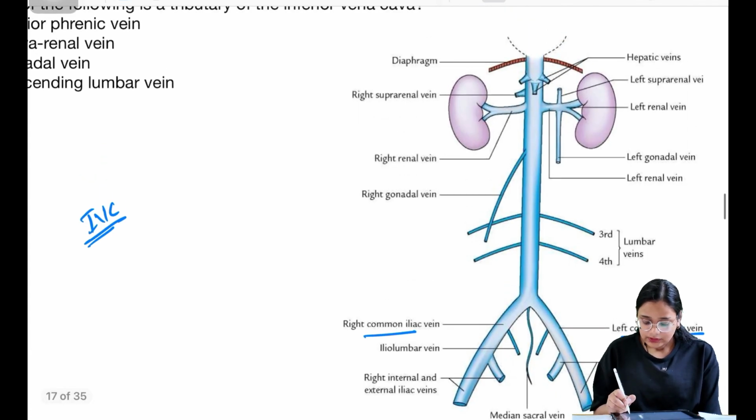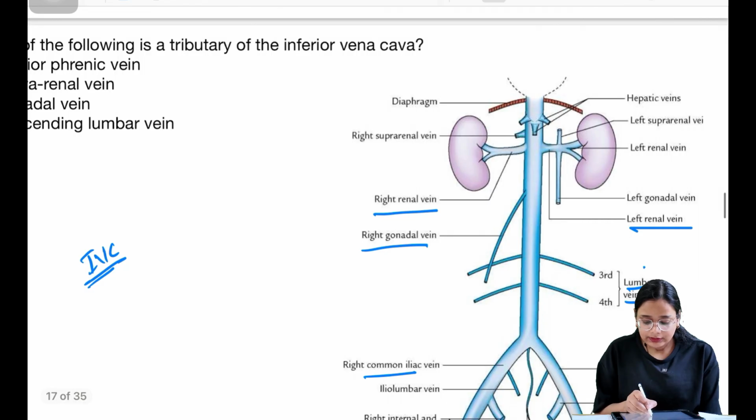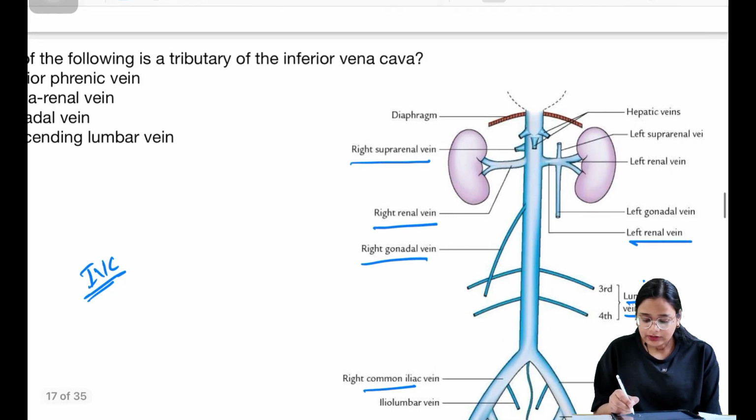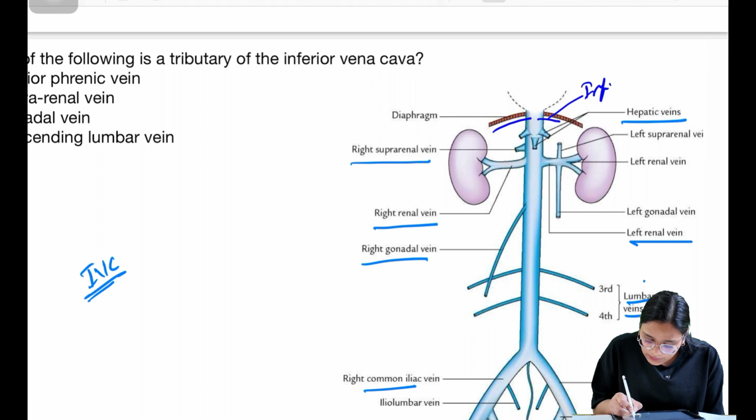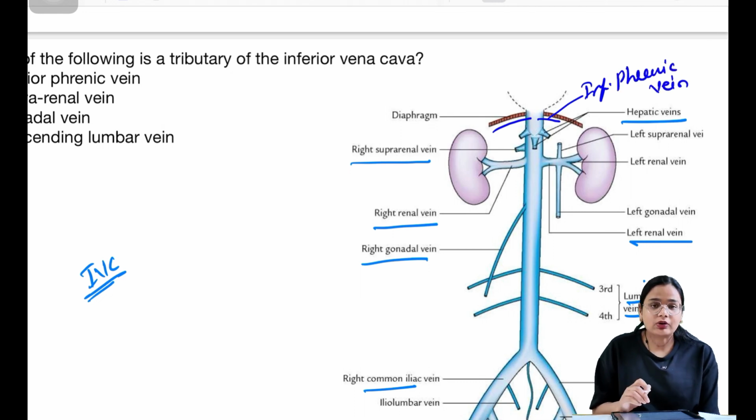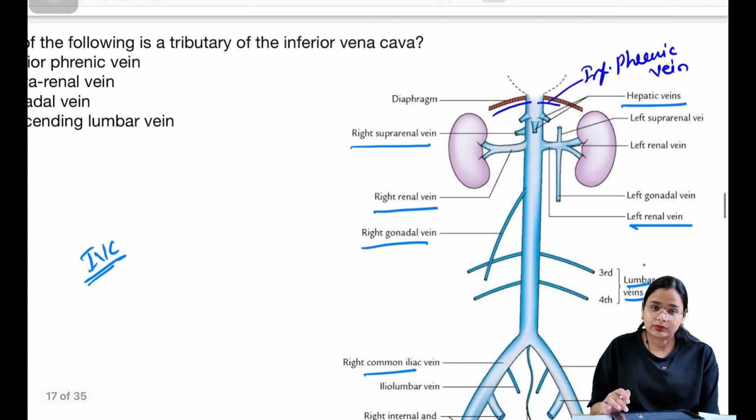Then we have 4 pairs of lumbar veins, then right gonadal vein, right renal vein, left renal vein, and right suprarenal vein, and we have hepatic veins. Other than this, just below the diaphragm we have right and left inferior phrenic vein. So these are all the tributaries of inferior vena cava.